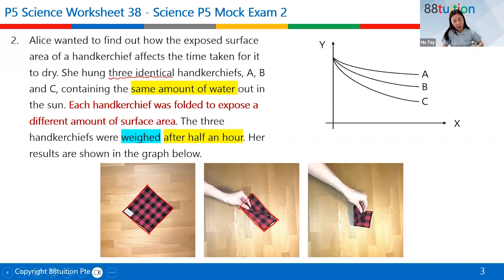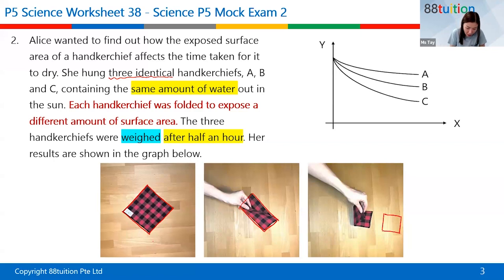The third one is folded in this manner, and when the folding is completed, maybe I draw by the side, it's going to be this surface area only. Can you all see this? When they are soaked with the same amount of water, which one will dry the fastest?